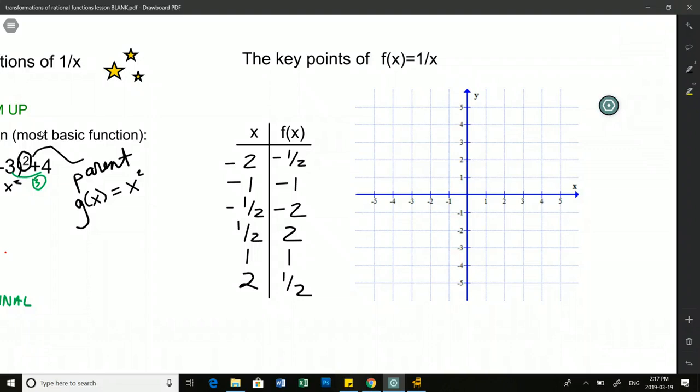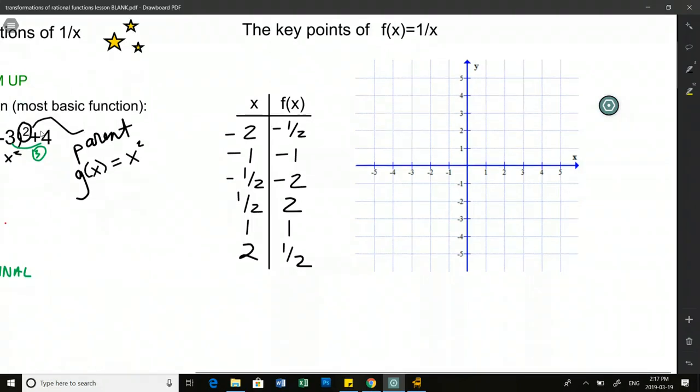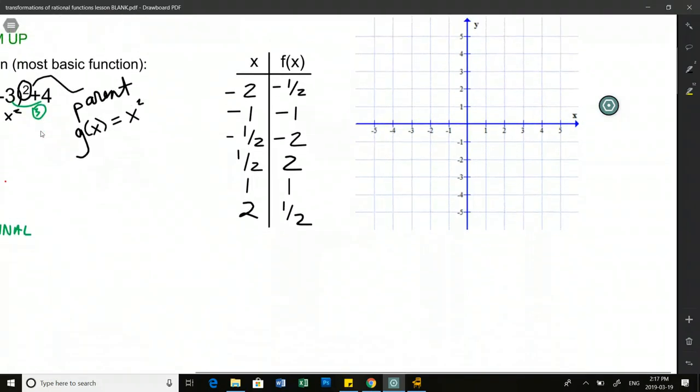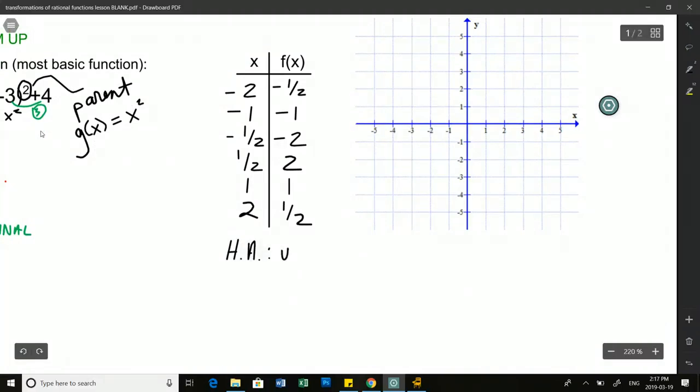The other important thing here is that this function has 2 asymptotes. It has a horizontal asymptote along y equals 0, or the x-axis, and it has a vertical asymptote. These are caused by restrictions along the y-axis, or the line x equals 0.